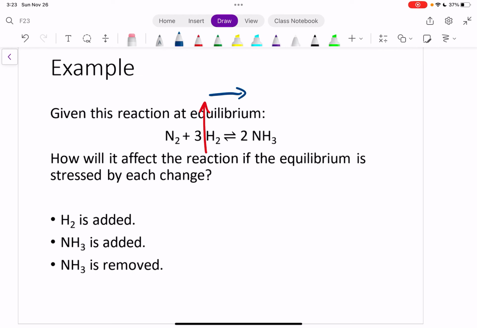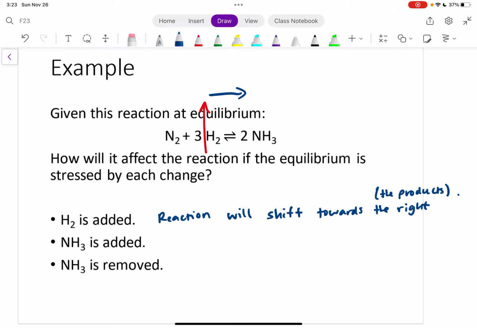So we would say that the reaction will shift to the right. That's how we say that. The reaction will shift towards the right, or towards the products, whichever way you want to put it.